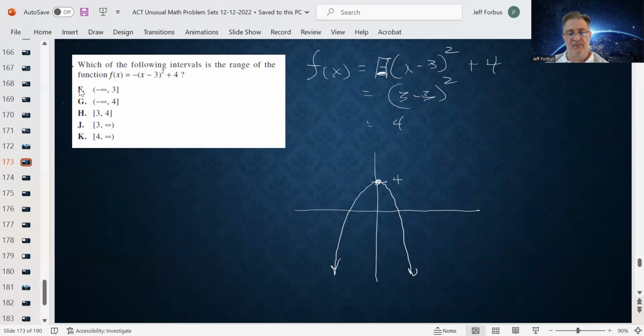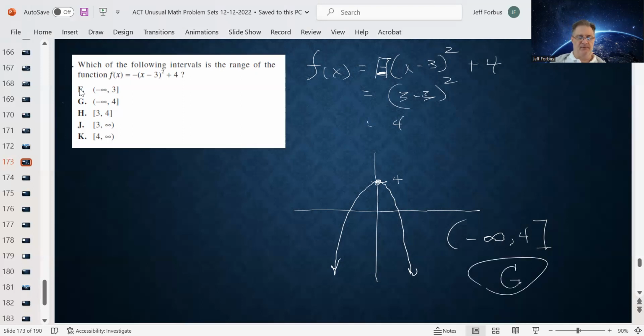So our range would be described as negative infinity to 4, and we're going to include 4. And we're going to use the open bracket for negative infinity to imply it continues to go. So that's going to be answer choice G.